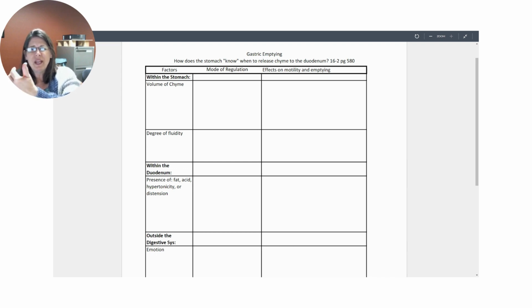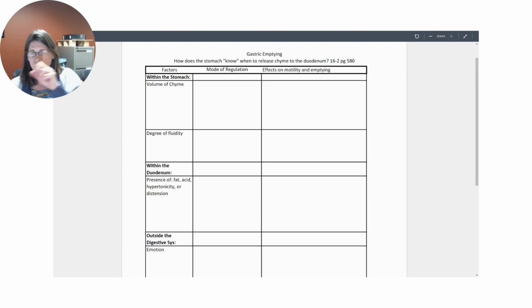So basically, that means water wants to move out of the cells into the lumen of the duodenum. And we don't want too much of that to happen. We would dehydrate those cells. So again, as the hypertonicity increases, there are receptors that can sense that. And when it senses that, it sends a signal to that pyloric sphincter, boop, close.